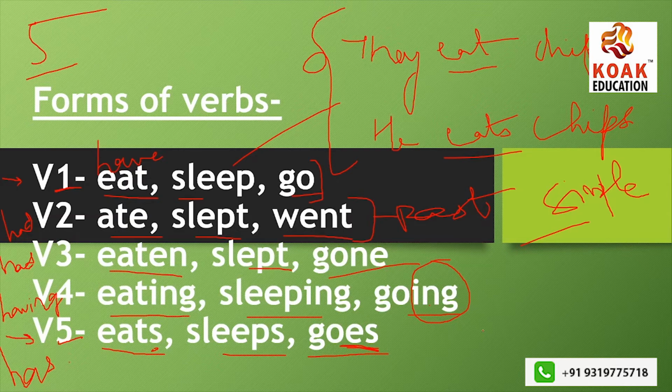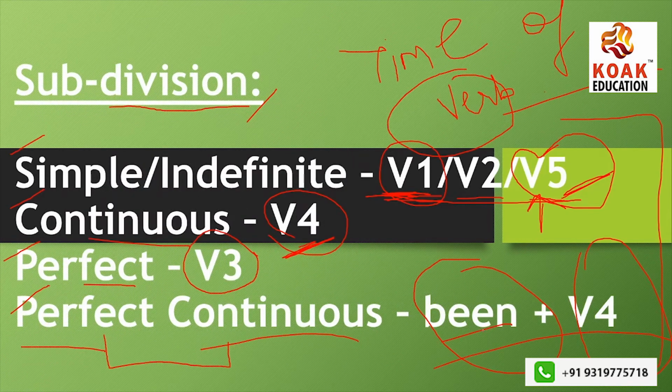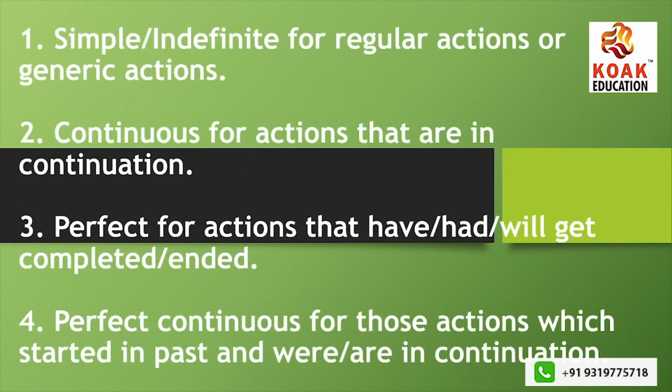Okay, now forms of verbs done. Now you know which verb form is used in which type of tense, right? So let's now move ahead. Now this is one important thing that I want you all to understand. Simple or indefinite is for regular actions or generic actions.